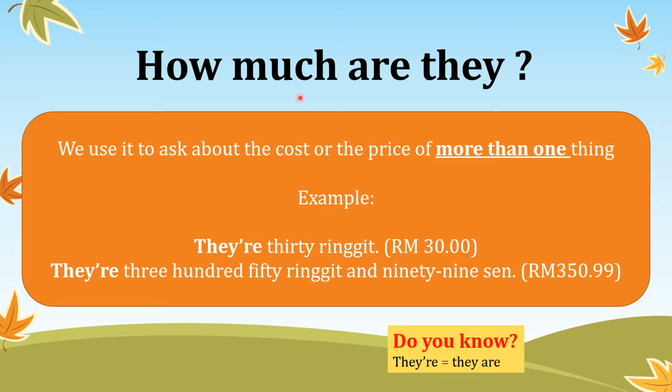Okay. So how much are they? Untuk lebih dari satu. For more than one. So how to answer? They are 30 ringgit. They are 350 ringgit and 99 cent. So you need to remember how much is it and how much are they.